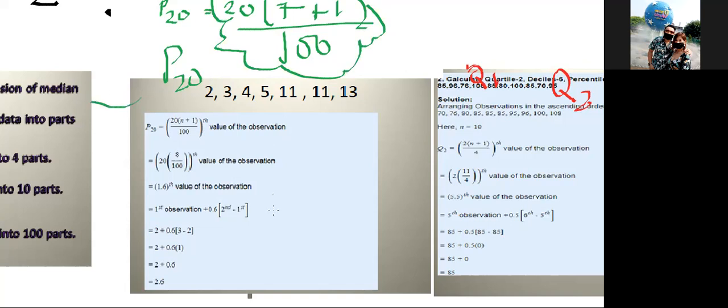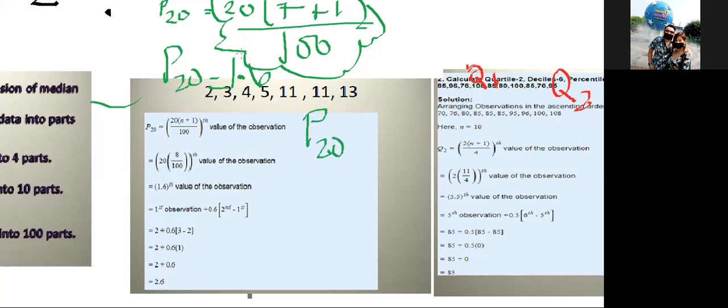So it will end up having the 1.6th observation. After doing the maths here, it's 1.6, and it still has a decimal point. So P20 is 1.6.